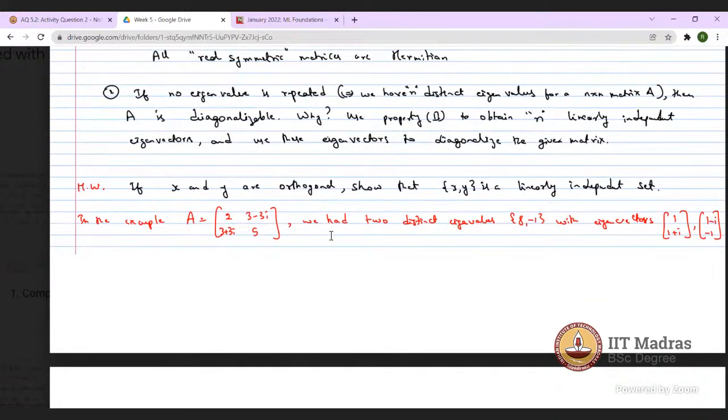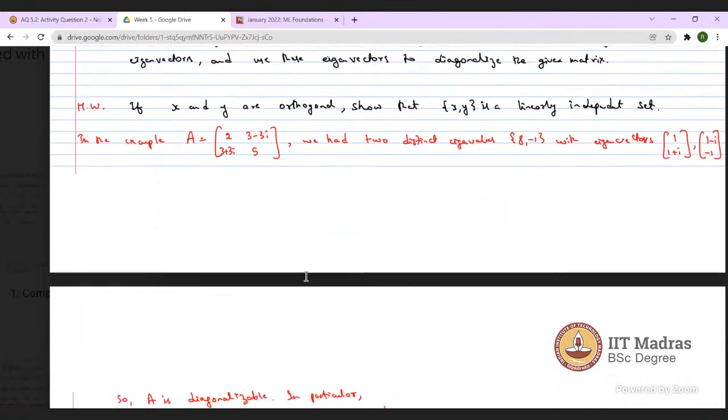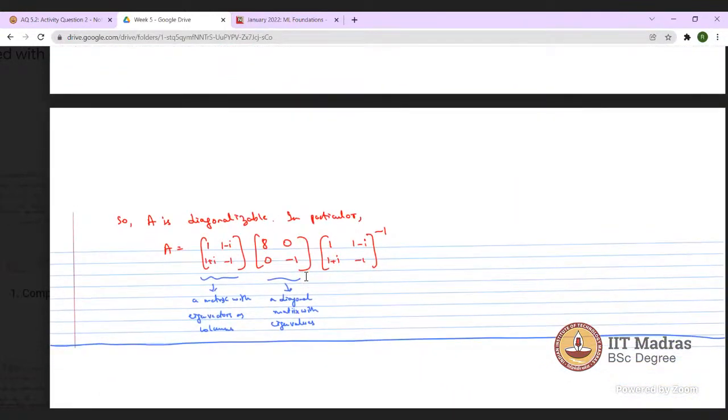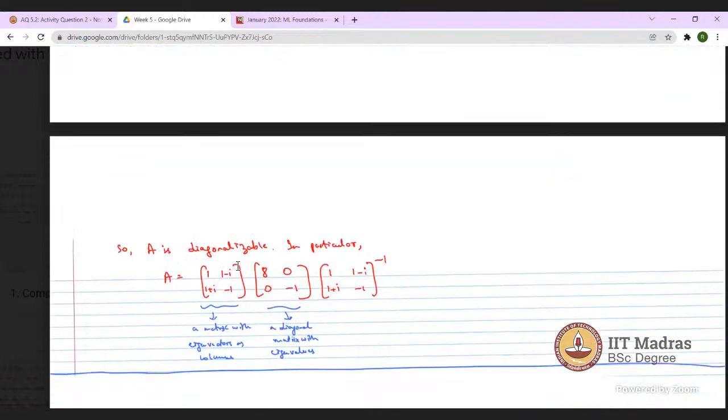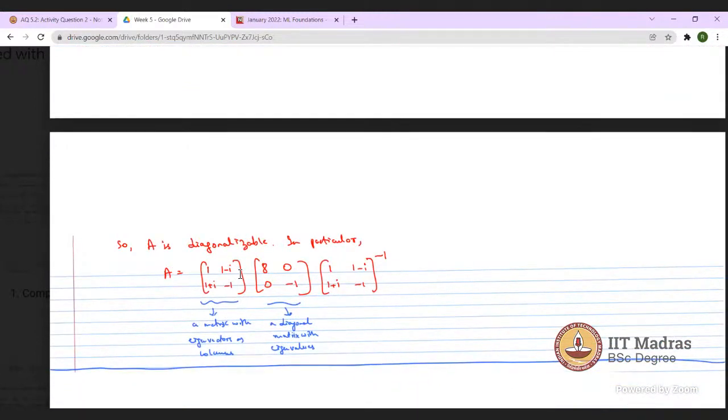For that we have this example over here. Here we have illustrated that since A is diagonalizable, we found A based on the eigenvector columns and the eigenvalues. 8 and -1 are the eigenvalues there, and 1, 1 plus i, 1 minus i, -1 are the eigenvectors corresponding to 8 and -1.